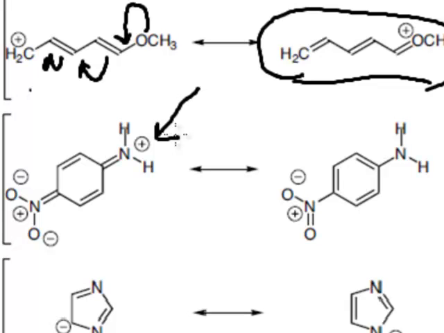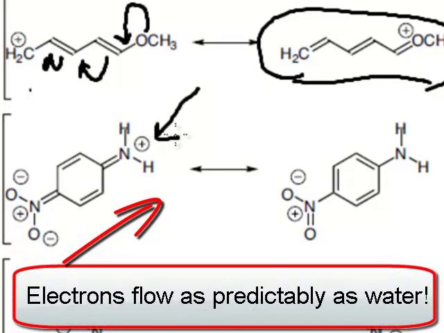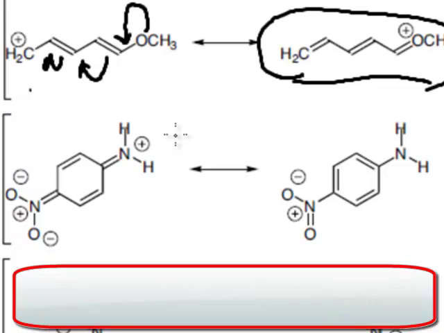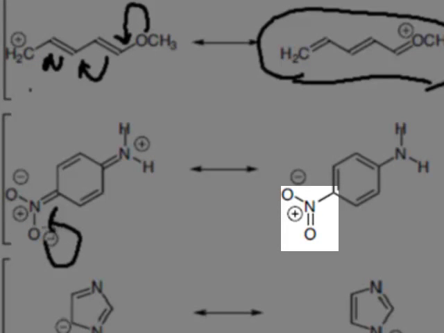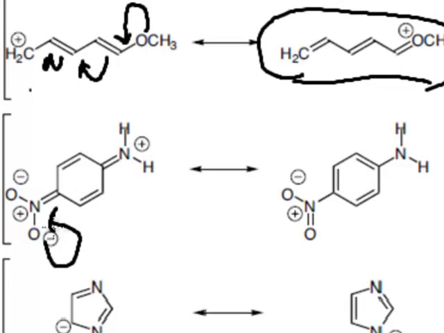So if we wanted to show electron movement, it's going to start near the nitro group and move toward that positively charged nitrogen that I have the arrow drawn to. We're going to take one of the lone pairs on oxygen, and it will go into a bond forming a double bond between that oxygen and nitrogen, as you can see on the right hand drawing. Now that that new bond's been formed, we're going to have to show a relief of the electrons from the nitrogen to the carbon in the ring.